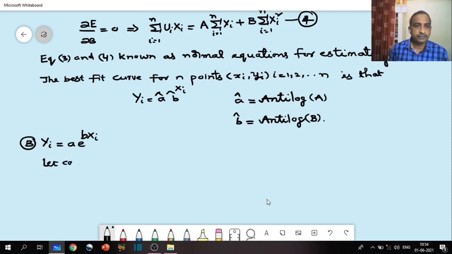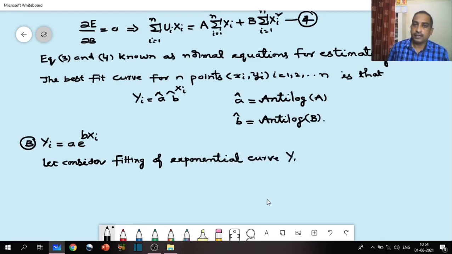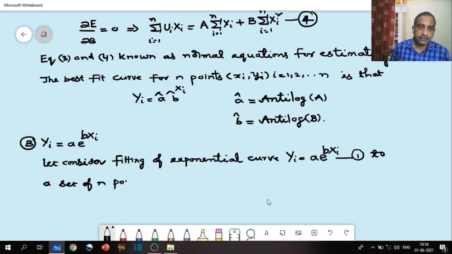So let's consider fitting of the exponential curve yi equals a e power b xi, equation 1, to a set of n data points xi, yi, i equals 1 to n.